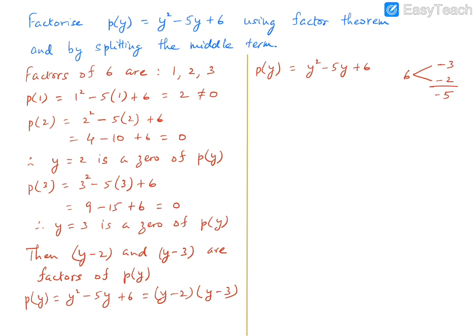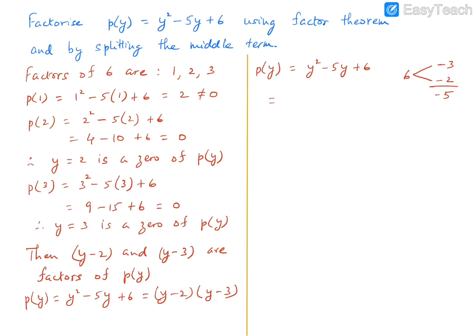So we have to find the numbers into which we can split the middle term such that their product is equal to the product of a and c, and their sum is equal to the value of the coefficient b. In this case the numbers turn out to be minus 3 and minus 2.